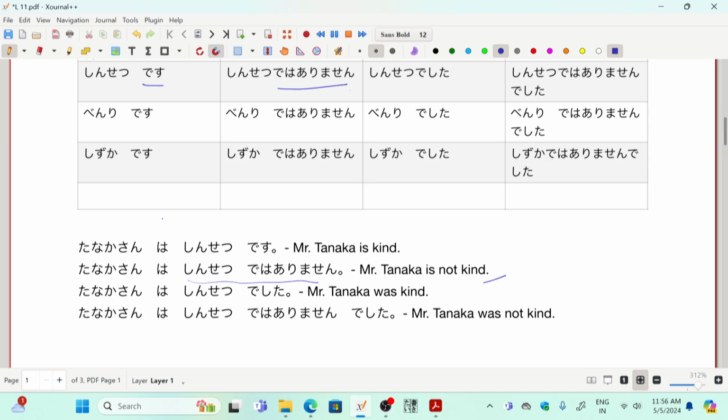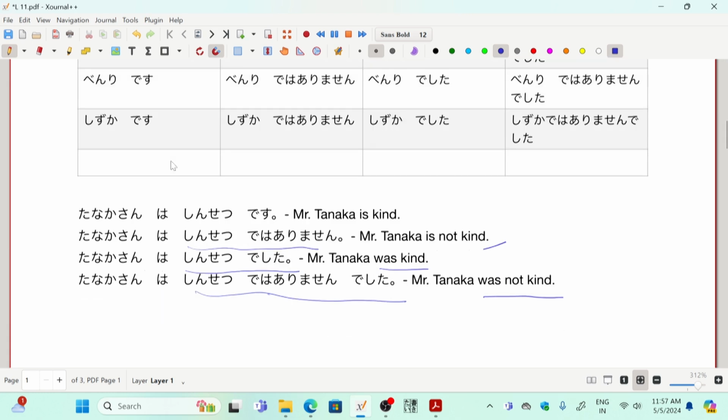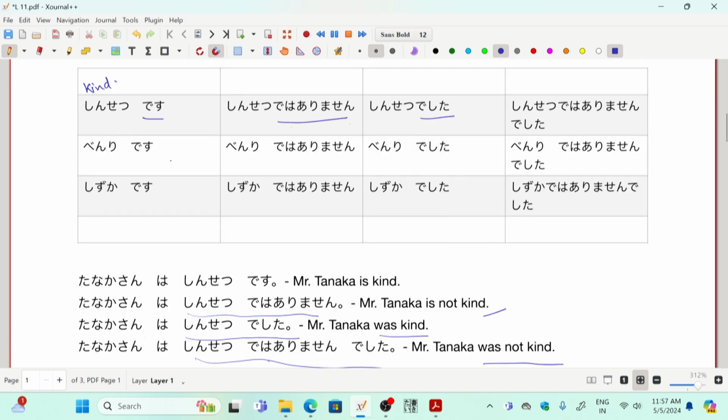When I say Tanaka-san wa shinsetsu deshita, was kind. So deshita is for past tense. Next is Tanaka-san wa shinsetsu ja arimasen deshita. So ja arimasen deshita is for past negative, was not kind. So this is how we change na type adjective into negative, past and past negative.